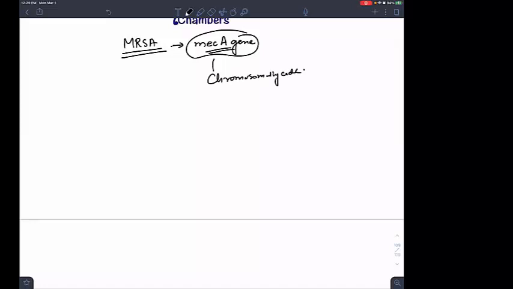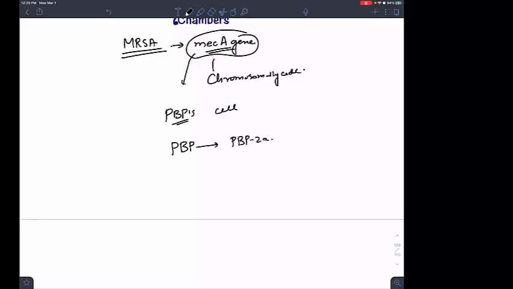What it does is it alters the PBPs on the bacteria, the penicillin binding proteins. The cell membrane of Staph aureus normally contains PBP, but it will change to PBP2A.